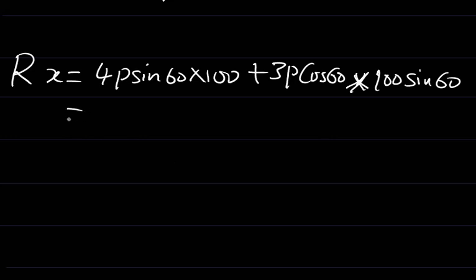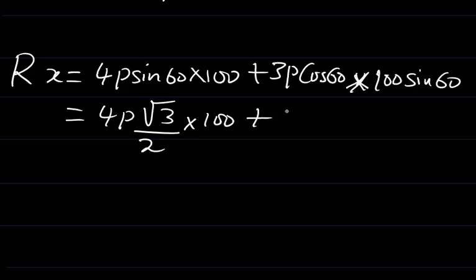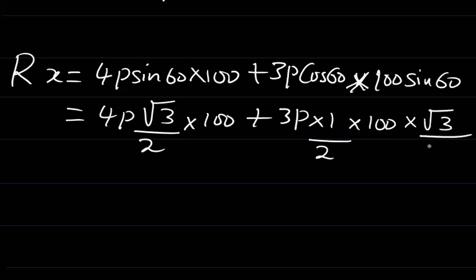Okay, so let's do this. 4p sine 60 is root 3 over 2, multiplied by 100. Of course, 3p cos 60, cos 60 is 0.5, that is times 1 over 2, times 100, times root 3 over 2.